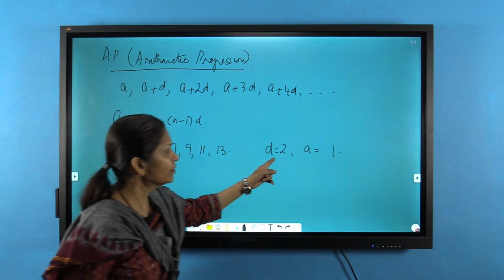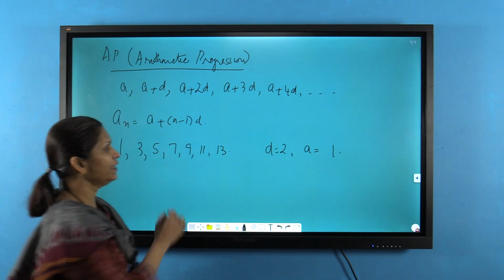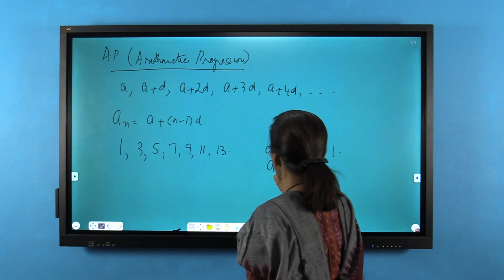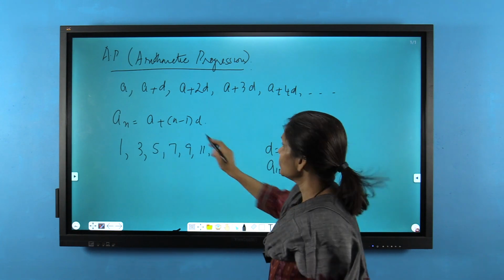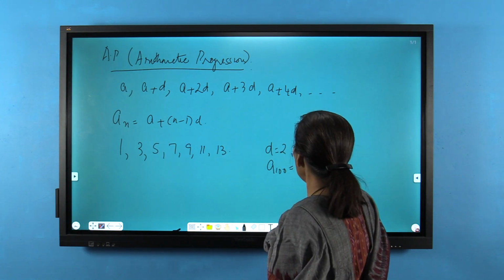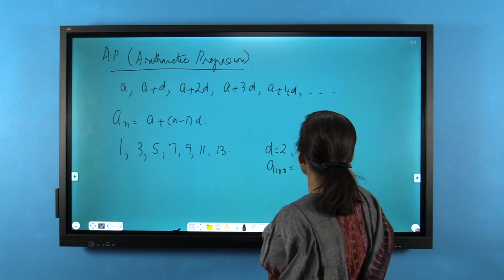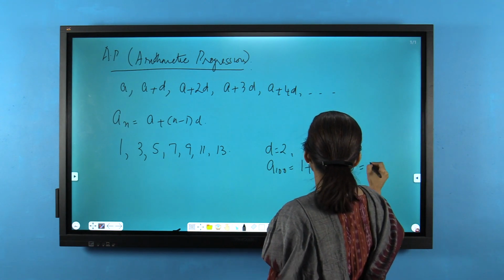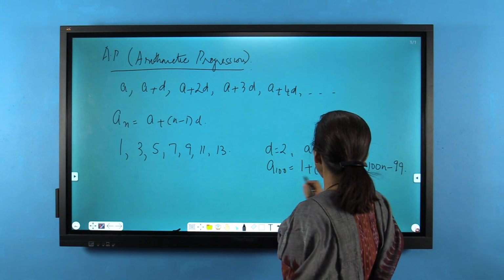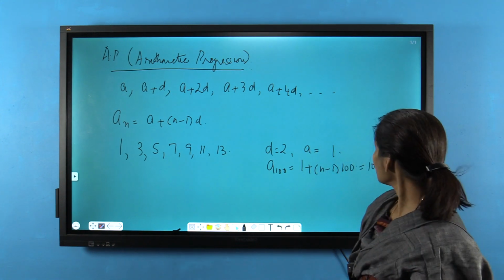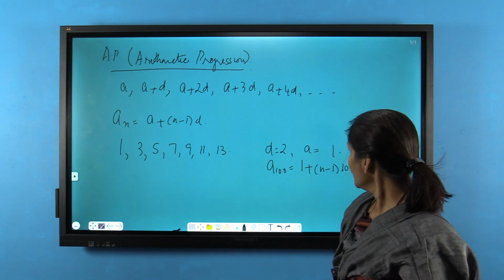If I want to find the 100th term here, what would it be according to this formula? It is a plus n minus 1 into d.